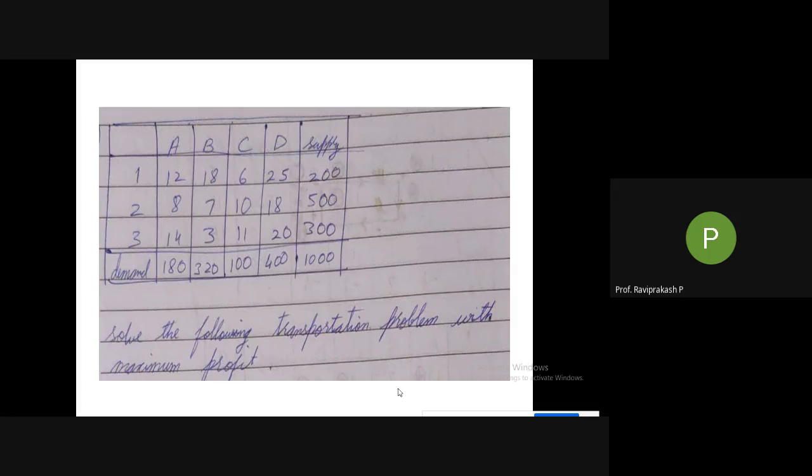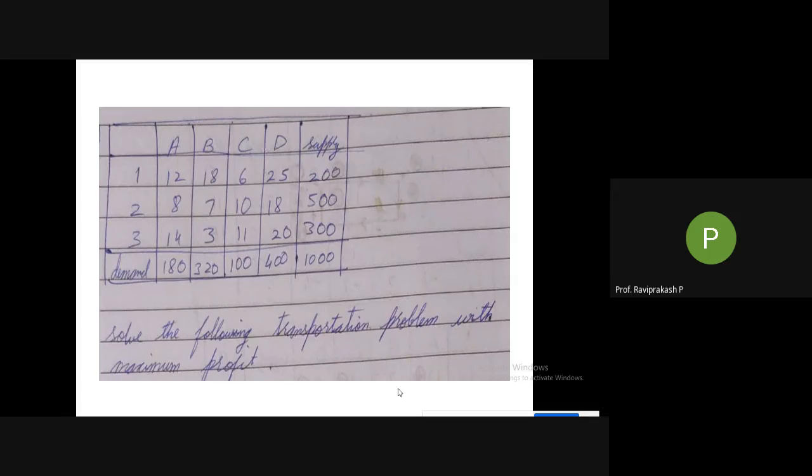So if no particular method is given, like the northwest corner method, least cost method or VAM method, you usually use the VAM method only. If you are getting confused, and if none is given, you can use other methods also. But this method will give you the nearest answer to the optimum, and many times the answer from the VAM method is the optimum solution as well.